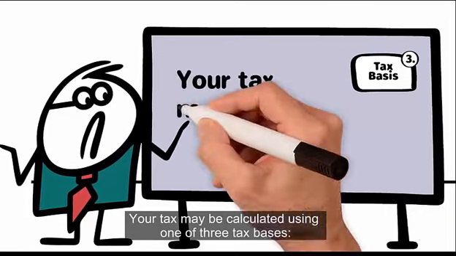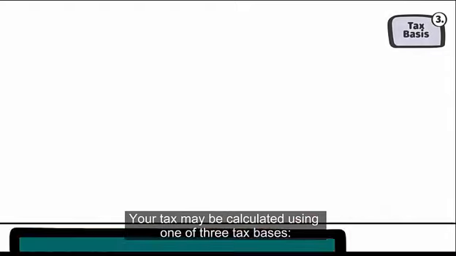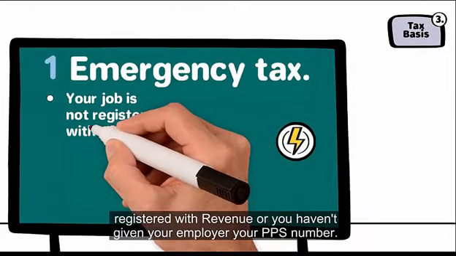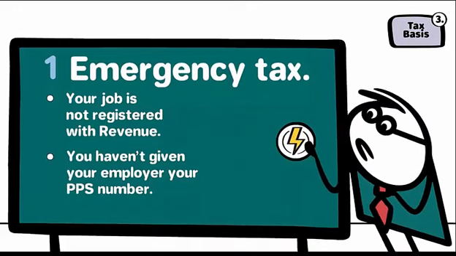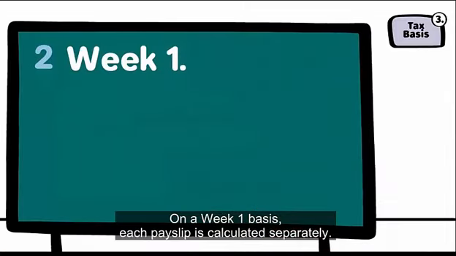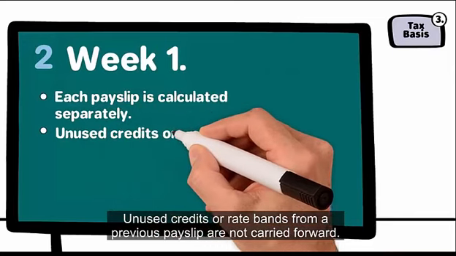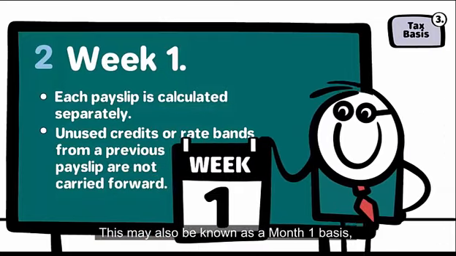Your tax may be calculated using one of three tax bases. Emergency tax. This occurs where your job is not registered with Revenue or you haven't given your employer your PPS number. Week 1. On a Week 1 basis, each payslip is calculated separately. Unused credits or rate bands from a previous payslip are not carried forward.